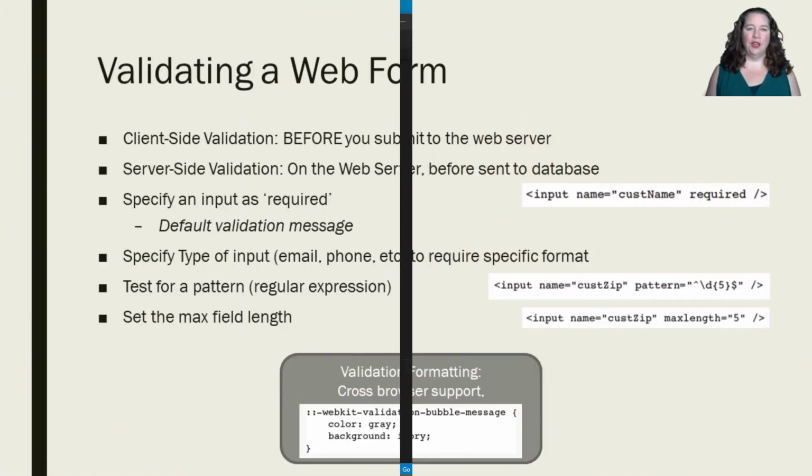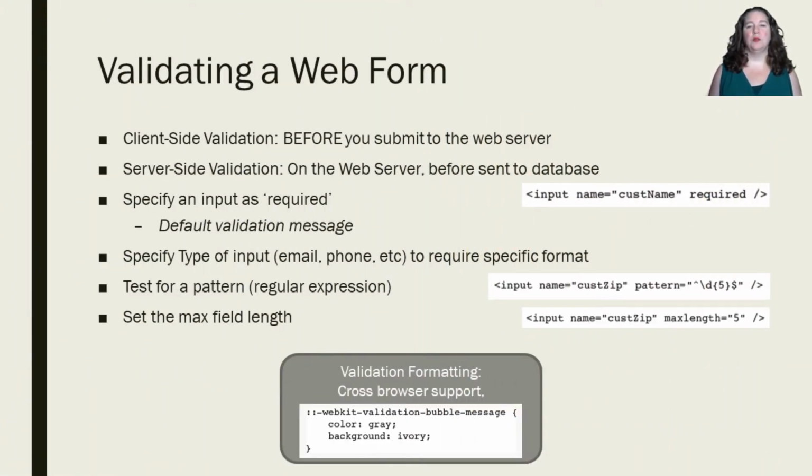Really important with your form is what we call validating, being able to validate the data either before you send it over to the web server, or once you're on the web server, at least validate it before you send it to the database. So as much validation as we can do to make sure that the data looks right when it goes in.